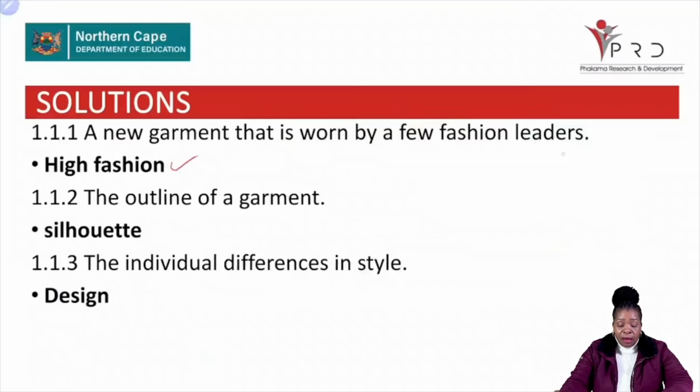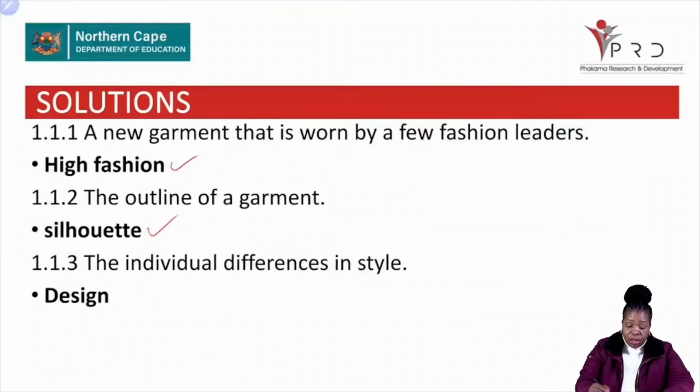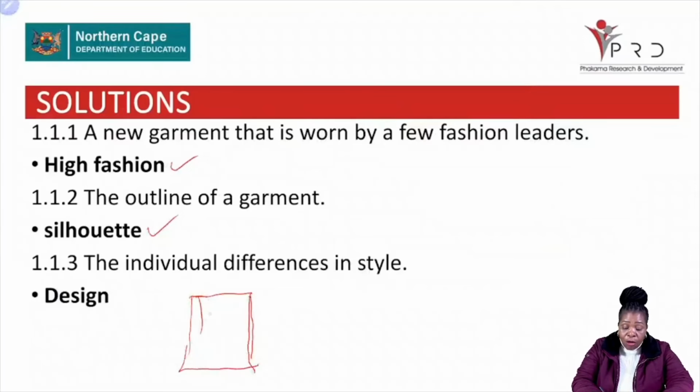And then 1.1.2 says the outline of a garment is called a silhouette. When we talk about the outline, we're just talking about a drawing that shows maybe a straight skirt. This could be the outline of a garment, and we call it a silhouette.